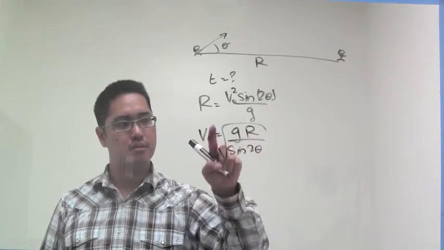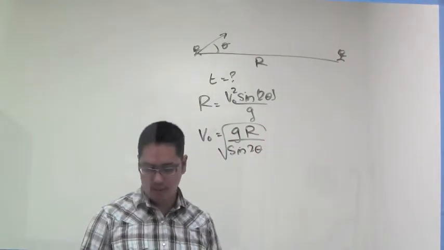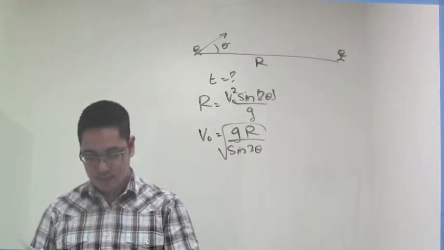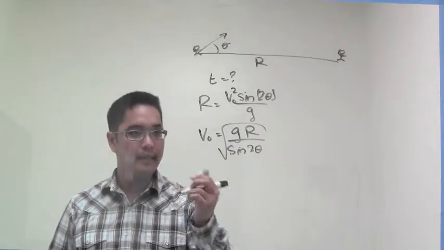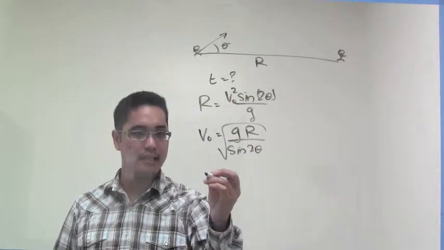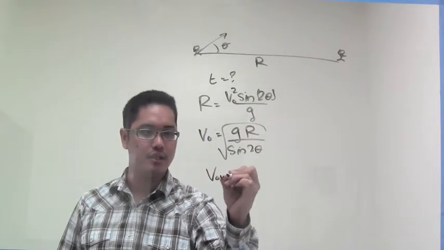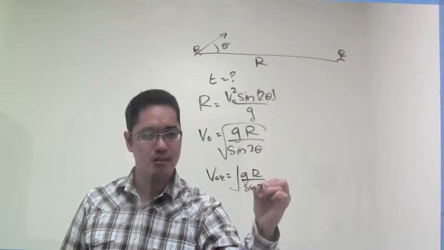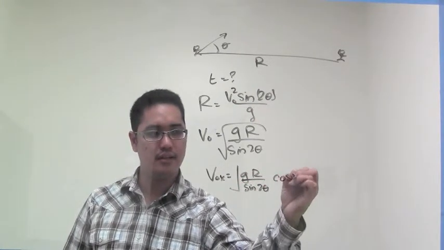All right. Gr over sine 2 theta, let's take the square root of that. This is the velocity that he threw it at, so the velocity in the x direction is whatever this is times cosine of theta.